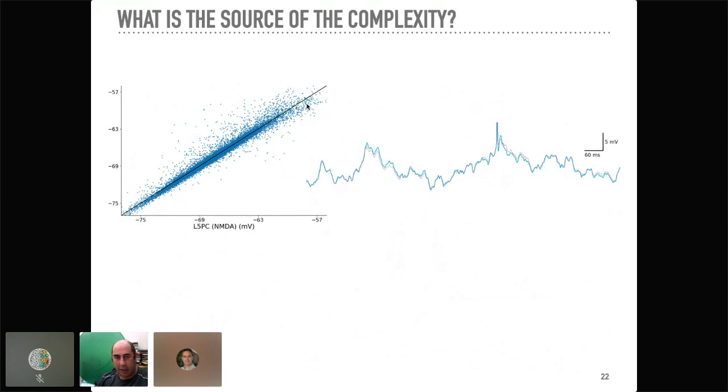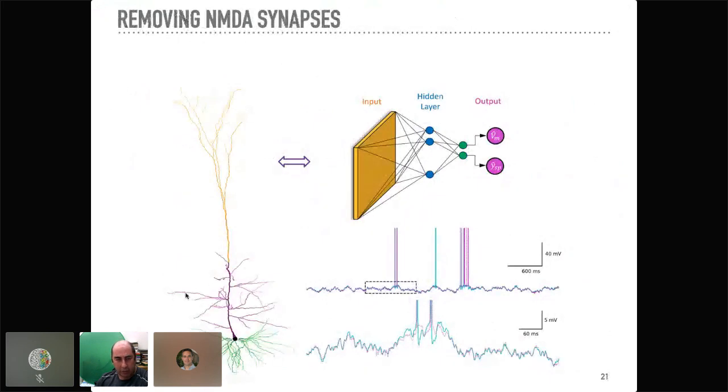When you have a neuron with NMDA current, you have to make the voltage prediction precise not only in the soma, but at any given branch, because at each of these branches, if you miss, you can miss an NMDA spike, and this NMDA spike has a big influence on the chance of having a spike in the soma. So the network needs to work much harder to predict the membrane potential and the spikes, because it needs to know the spike at every branch at any given time. It cannot make any mistakes there, and this is a very difficult task.